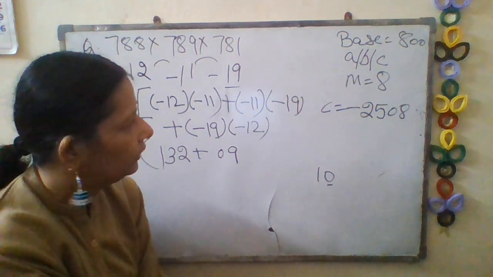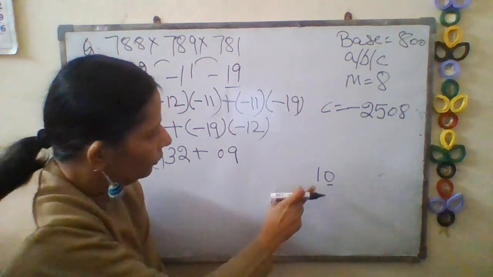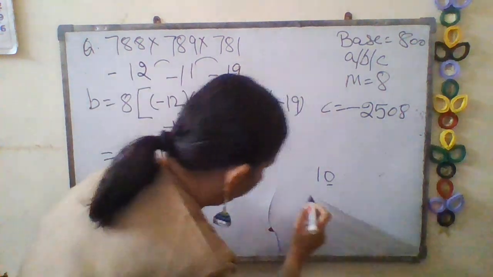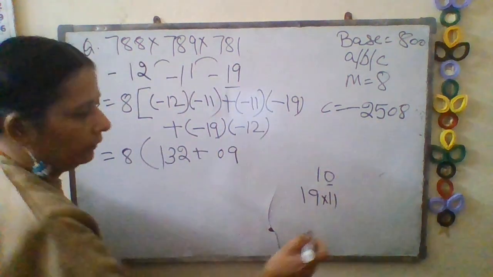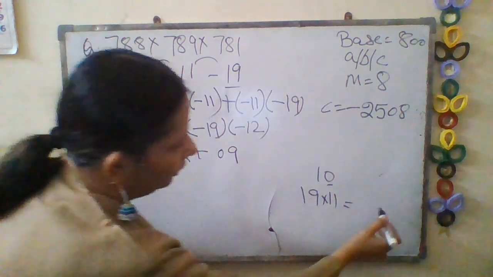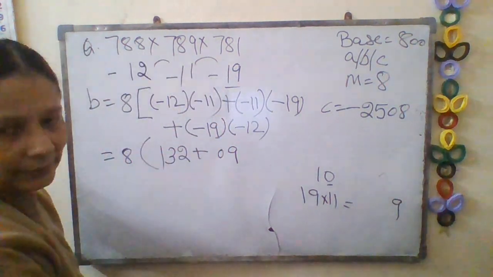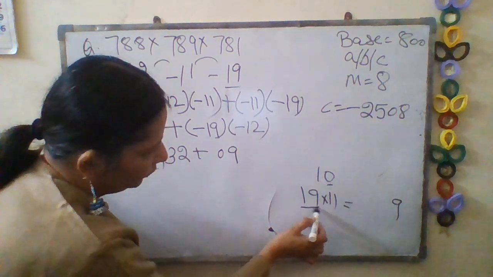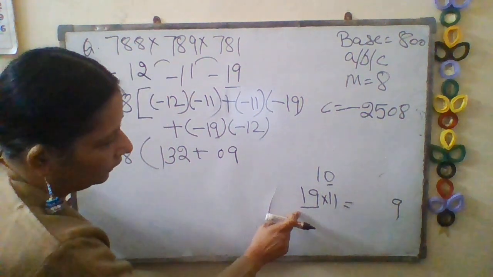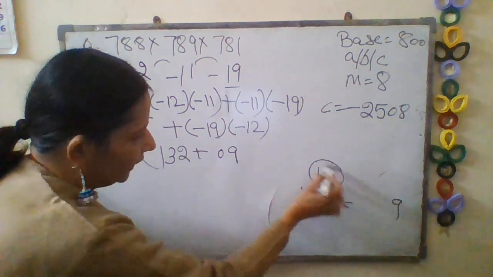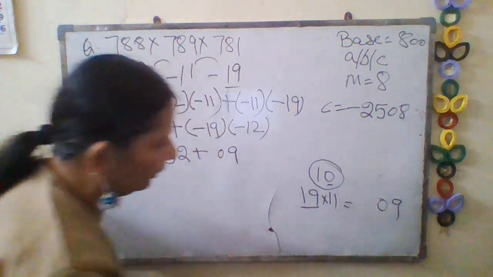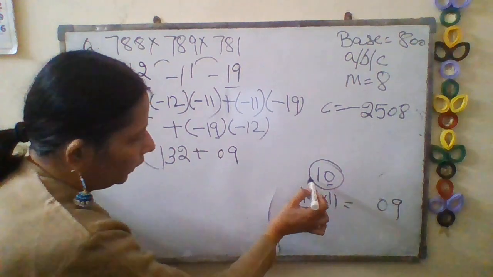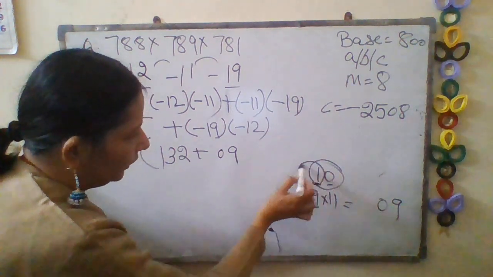Okay, 1 you will carry forward, and here 19 you have to multiply by 11. So I told you the trick. 9 you will write down as it is. Then you will do the addition of these two numbers. 9 plus 1, you know, is 10. Okay, so from 10, 0 you will write down here, and this 1 is carry forward.